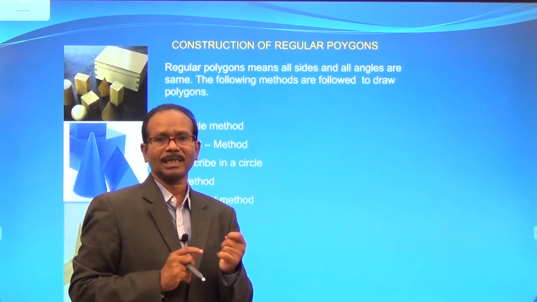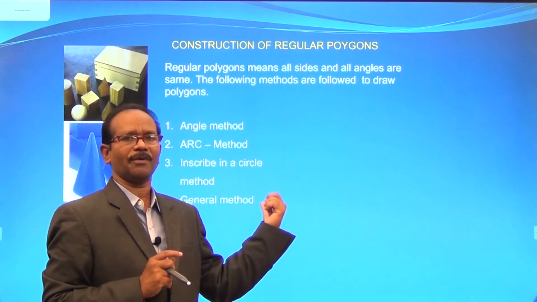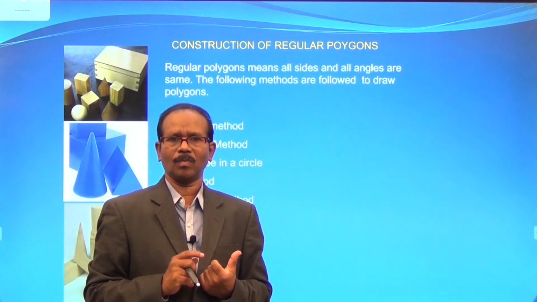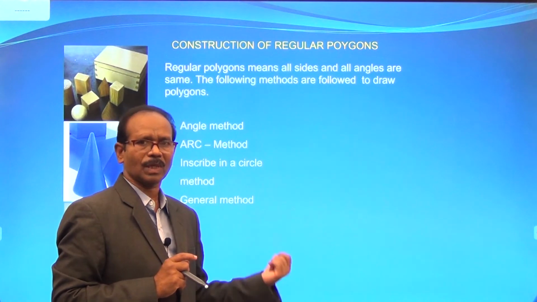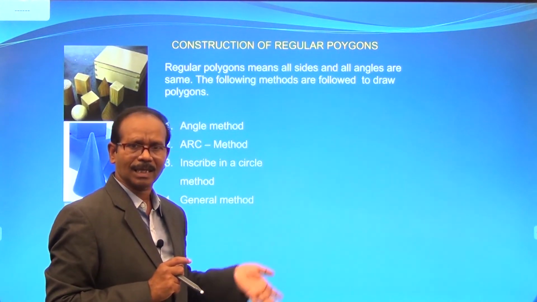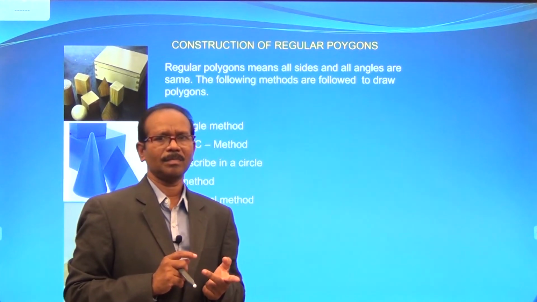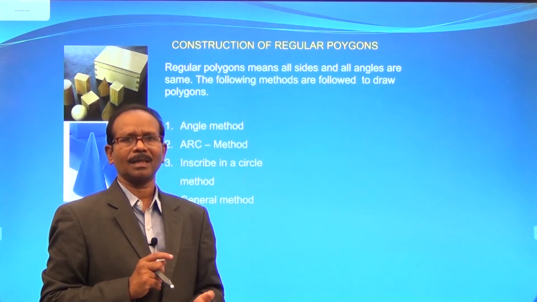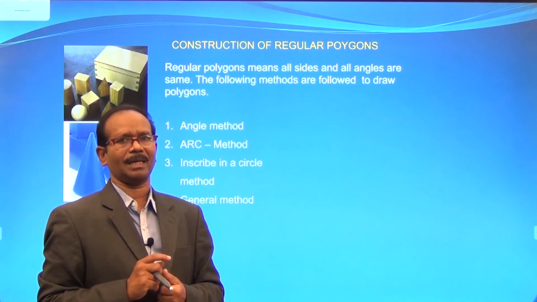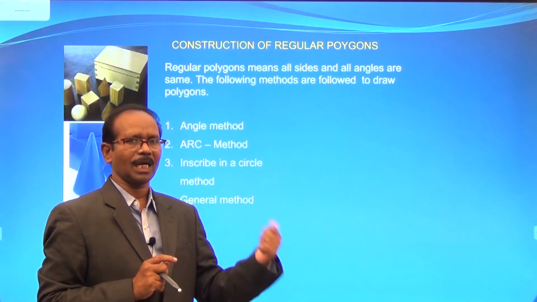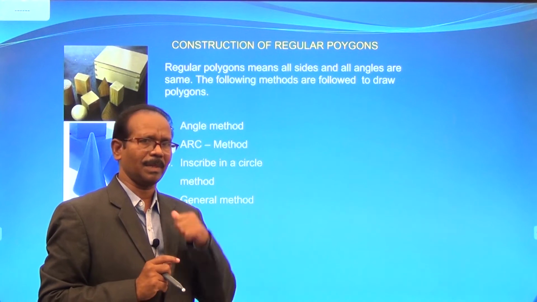Now how to construct these two? Different methods are available to construct these. These methods are angle method, arc method, inscribed in a circle method, and general method. Start with one method, the angle method.